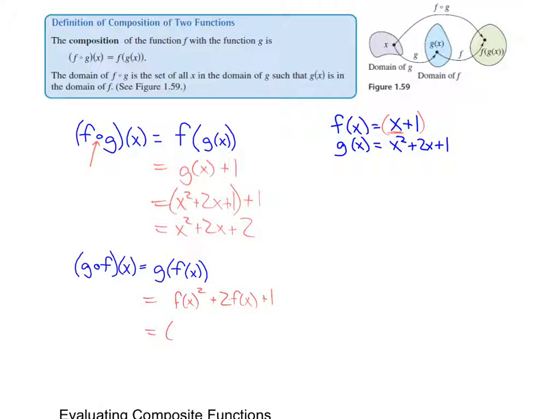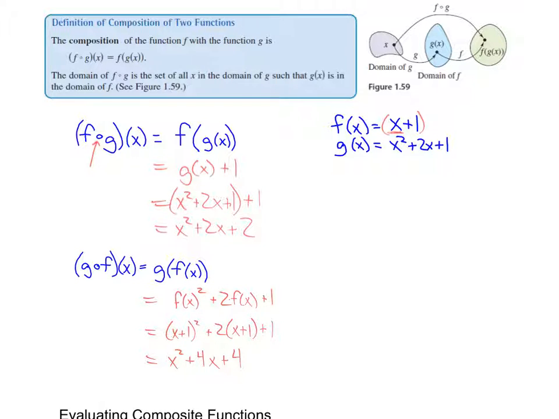So f of x is x plus 1, so it's x plus 1 squared plus 2 times x plus 1 plus 1. You guys know how to FOIL and distribute, so this whole thing is going to end up giving us x squared plus 4x plus 4 once you simplify the whole thing.